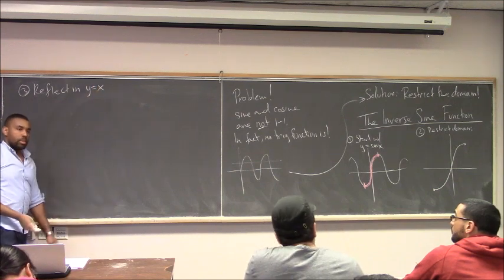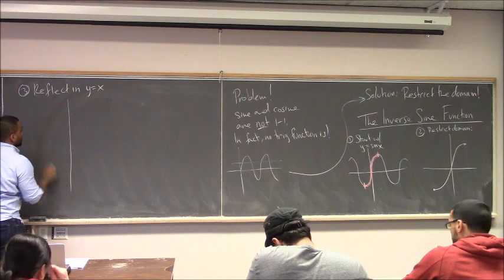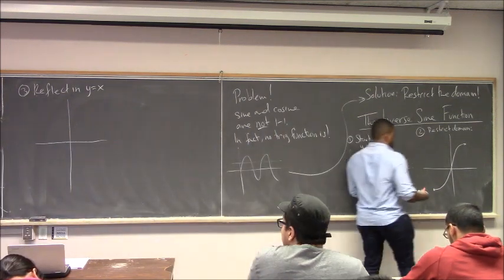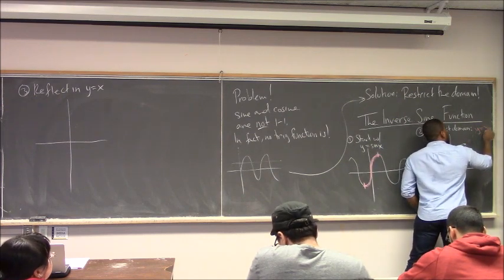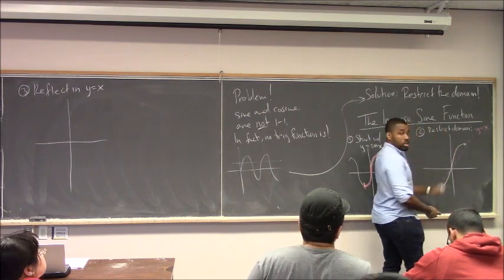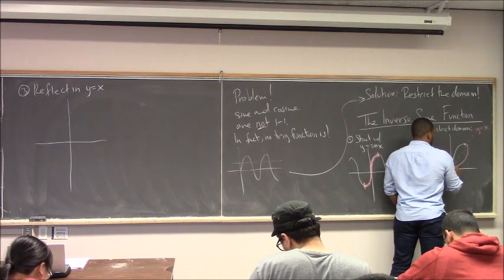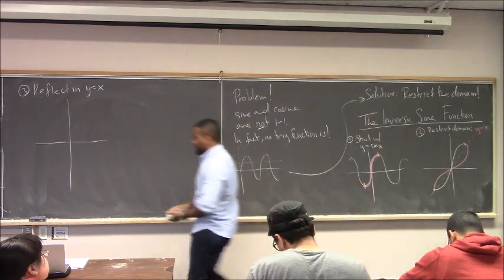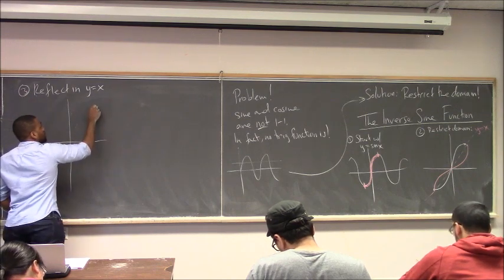That's how you get the graph of an inverse function. We spoke about that a long time ago. Okay, so basically, we're going to look at this graph here. We're going to sketch the line y equals x, and we're going to mirror this around that line. That's going to look like this. And that, ladies and gentlemen, is going to be your inverse sine graph.